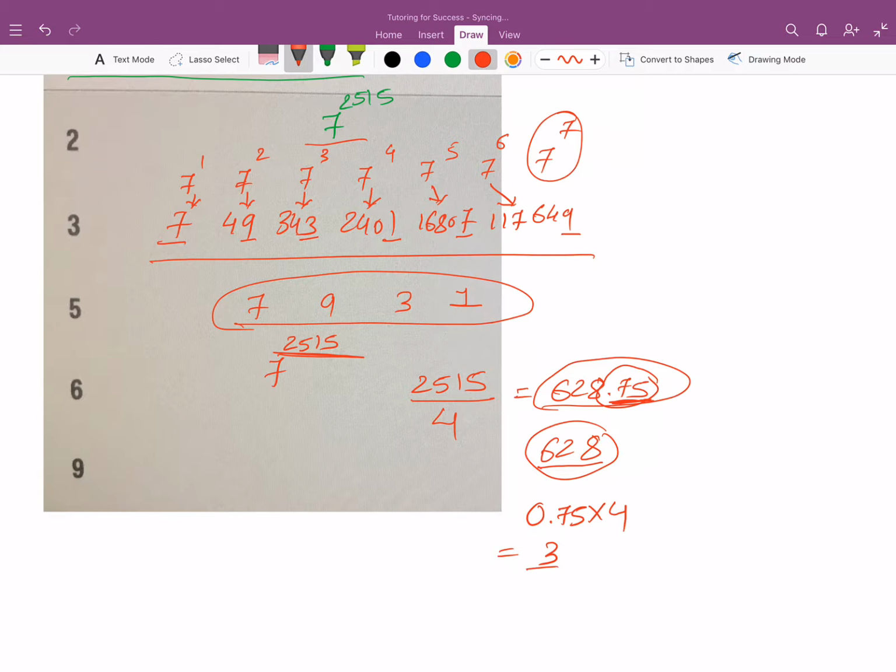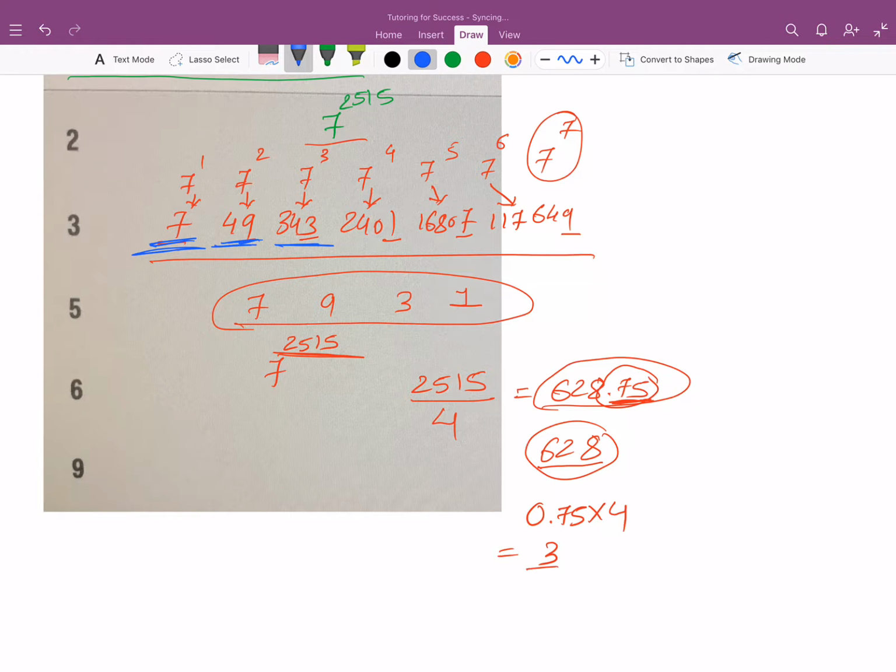So let's go back to my pattern. Look, this is the first number, second number, and third number. The first number's units digit would end in 7. The second number's units digit would end in 9.